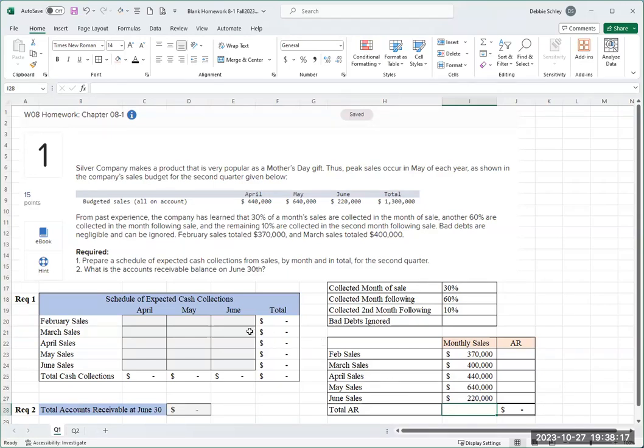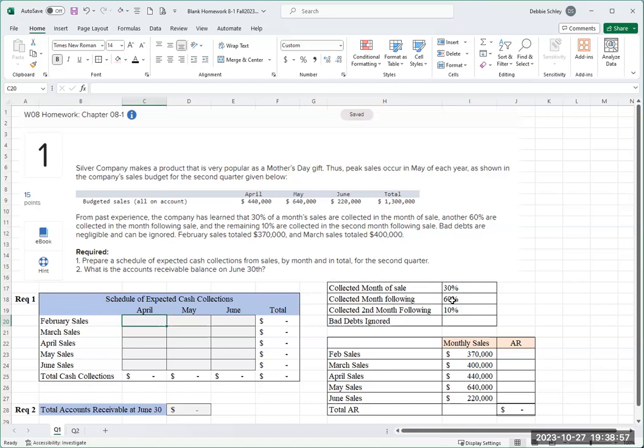So let's start doing some calculations. They want to prepare a schedule of expected cash collections from the sales by month and in total for the second quarter. So required 1. Remember, for February sales, we're just looking at what's collected in April. In February, they collected 30%.